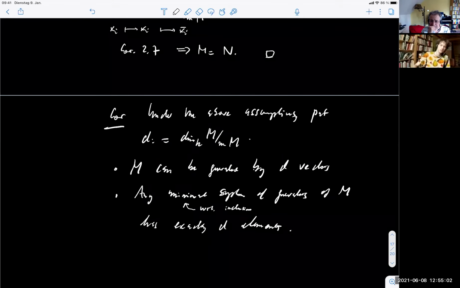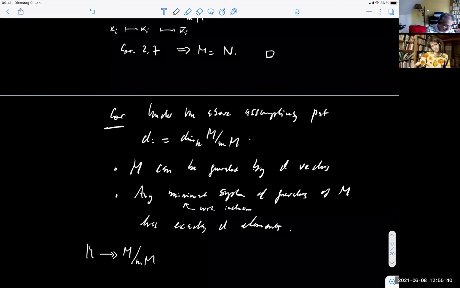Couldn't it also be that we need fewer generators for M than we need for the vector space? Fewer? No. The number of generators that you need for this vector space is D. You cannot have fewer, because, okay, this is the trivial direction. We always have our surjective homomorphism.